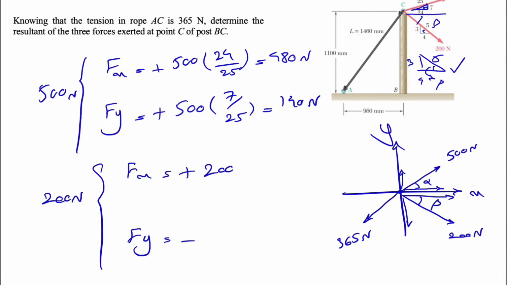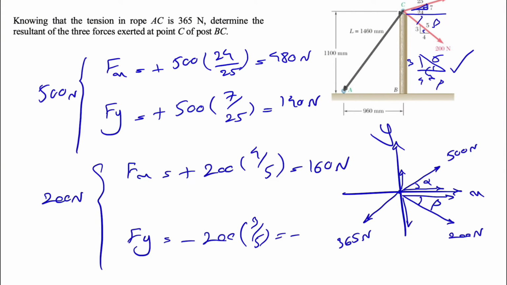Cosine of beta will be 4 divided by the hypotenuse, which is 5. So this will be 160 Newton. And Fy, as I mentioned, this time will have the sine of beta, which is 3 over 5.